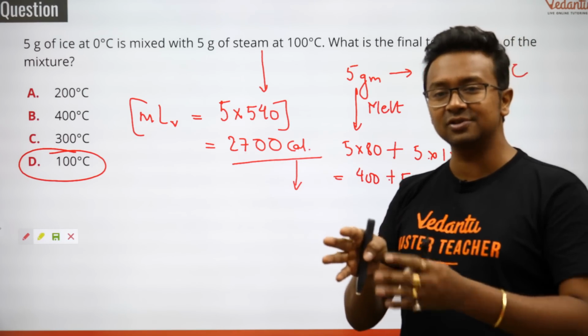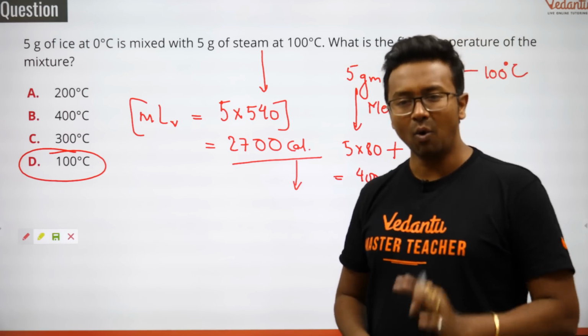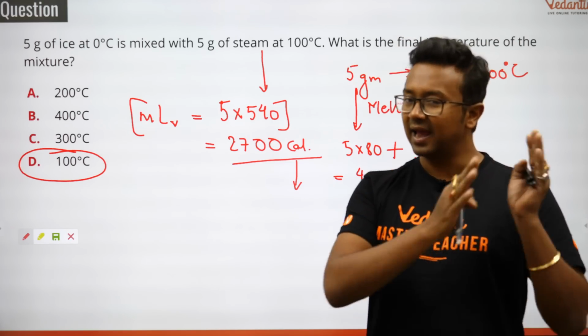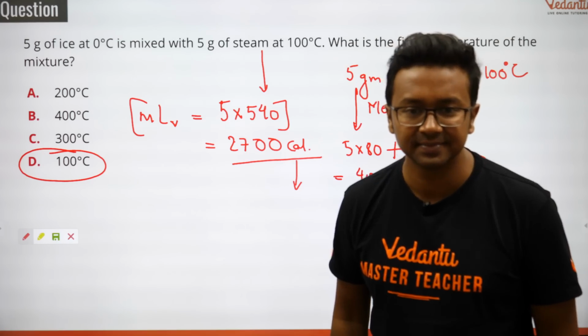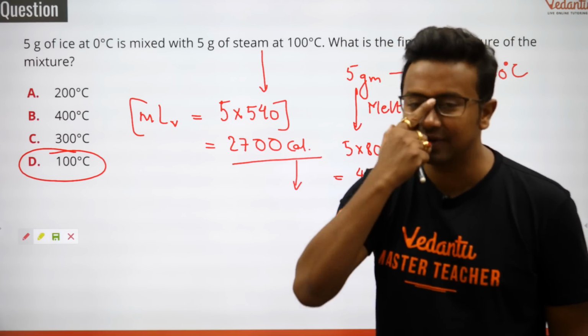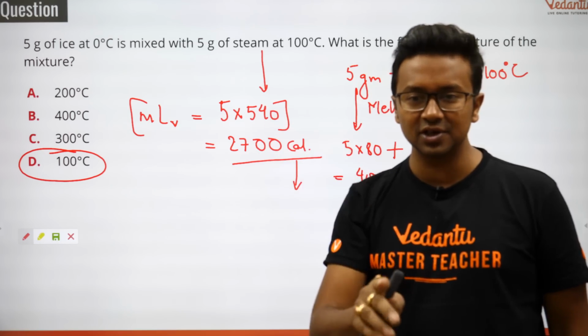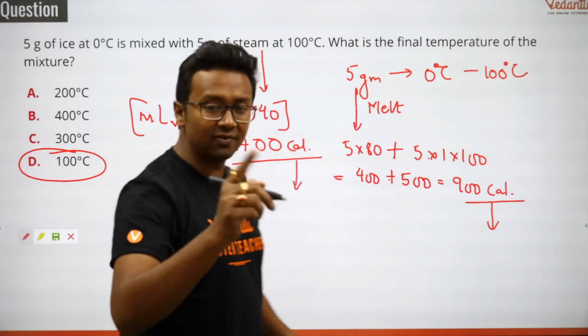So all the steam is not going to convert into water. Get it? Simple idea. Steam is going to remain and all that 5 grams of ice is going to come to water. Is this clear? So if they ask you the final composition of the mixture, that is your homework. Okay, students, solve it.